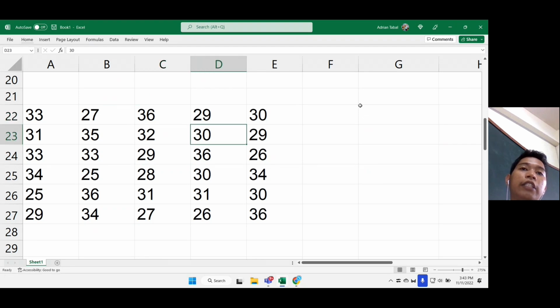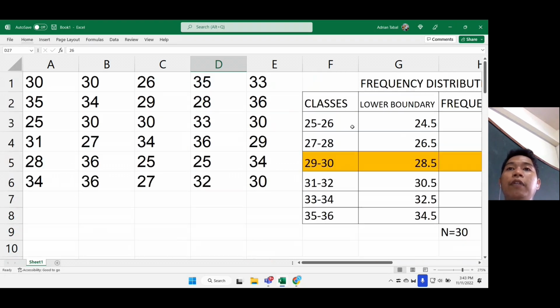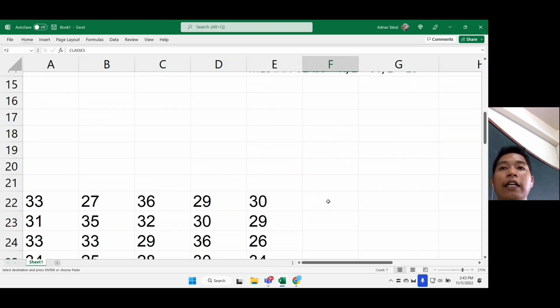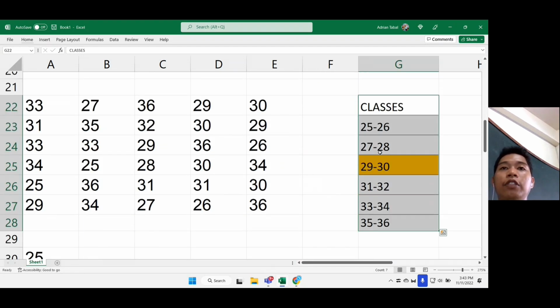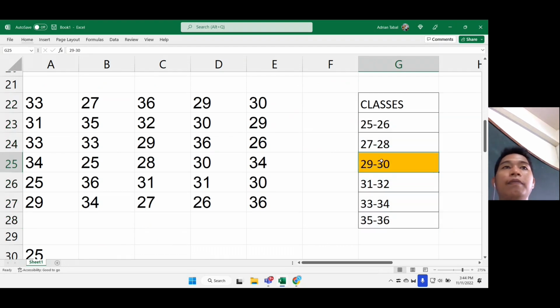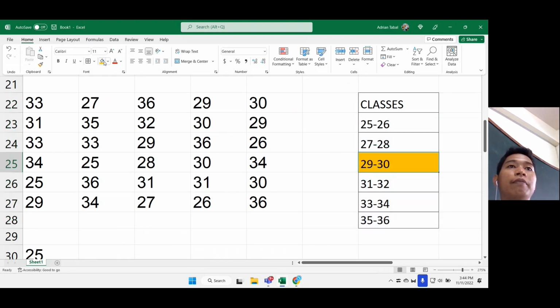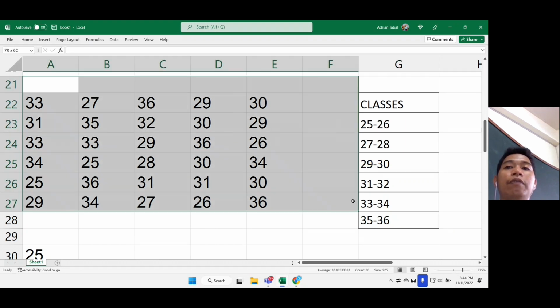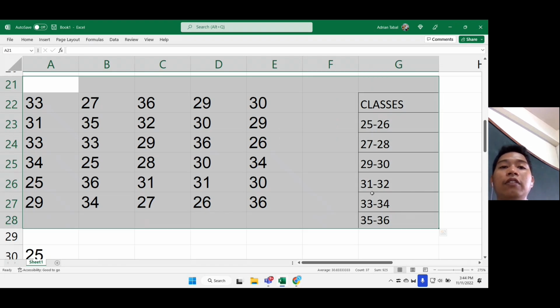And 29, 30, 36, 30, 31, 26. Use the same table and the same classes for this activity.